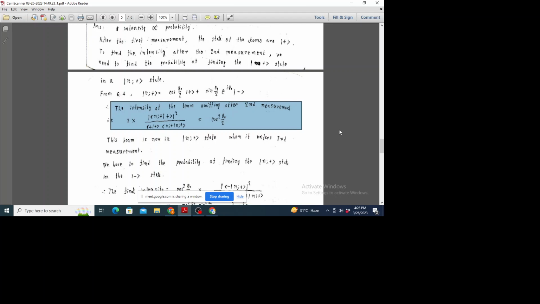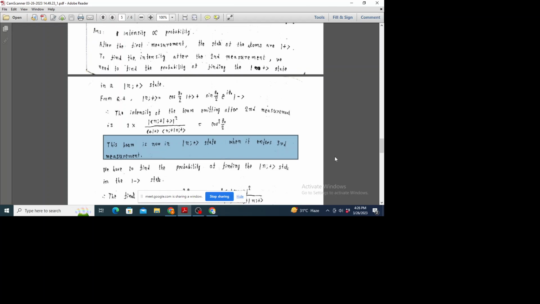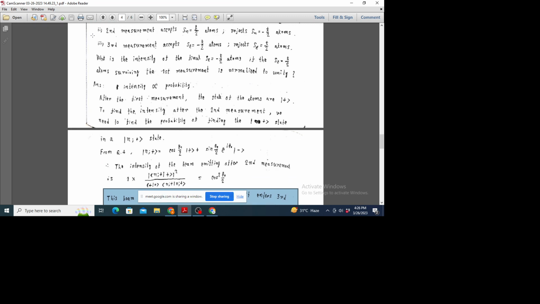Now the beam is in this n plus state when it enters the third measurement, right? Now we have said that this third measurement accepts Sz equal to minus h cut by 2 atoms and rejects Sz equal to h cut by 2 atoms.